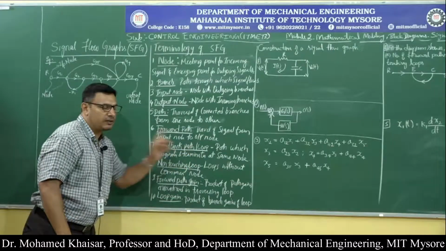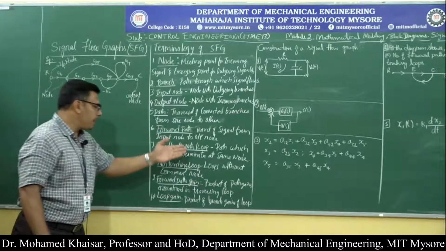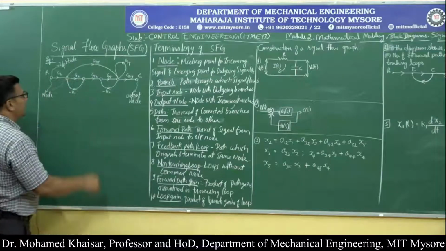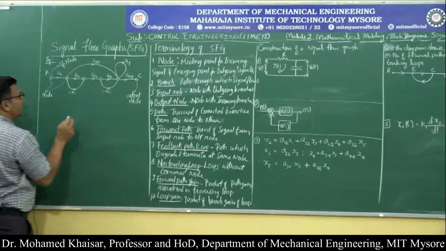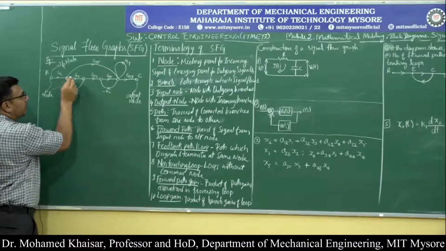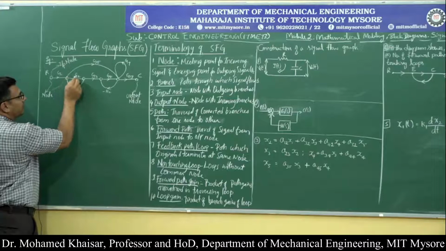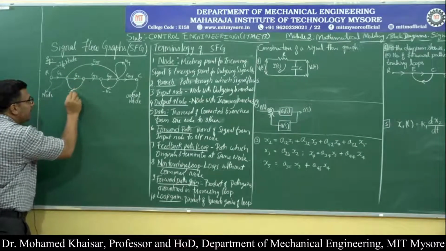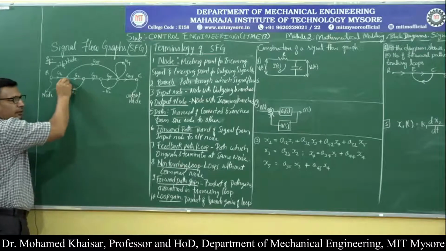Then the feedback path, which is also called a loop. It is the path which originates and terminates at the same node. If you just observe the circuit over here, the signal is starting at this node, going to the next node, and then coming back to the same node. What does it mean?